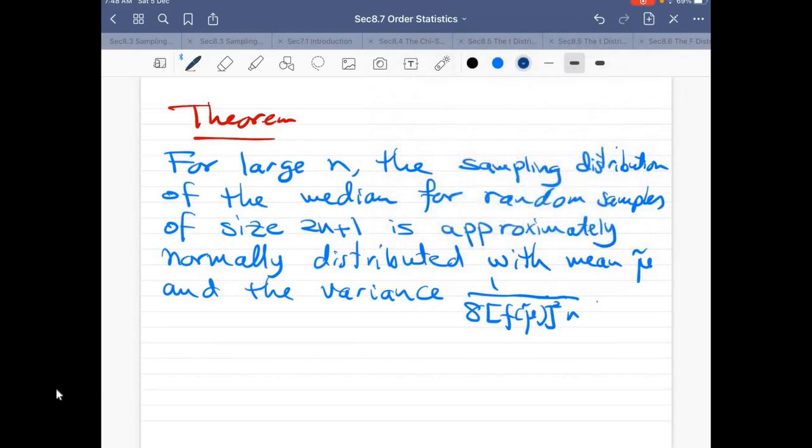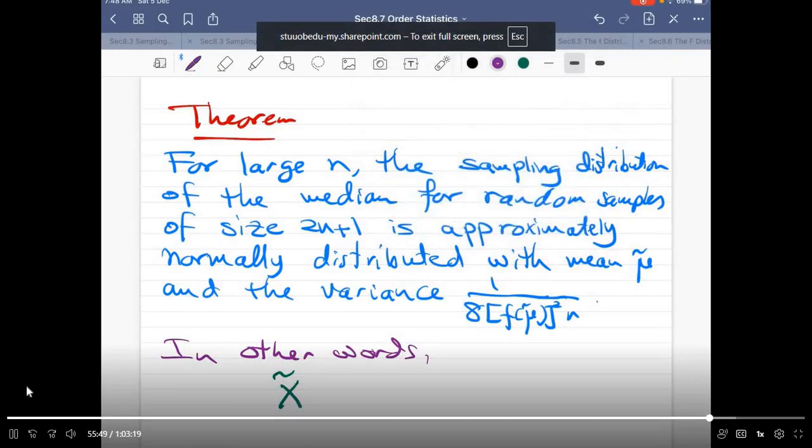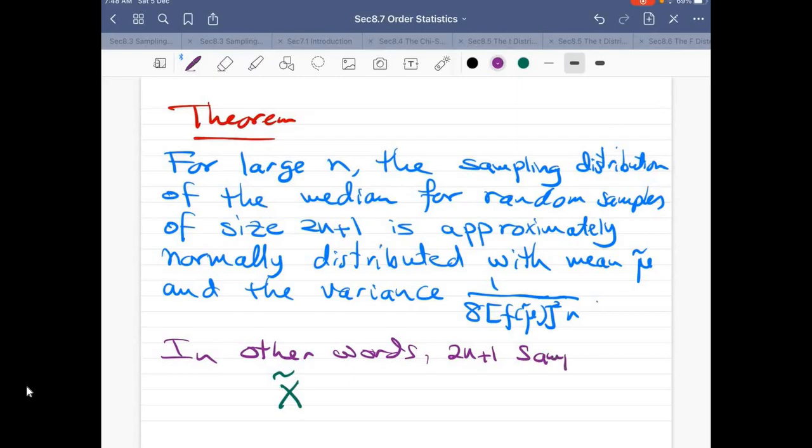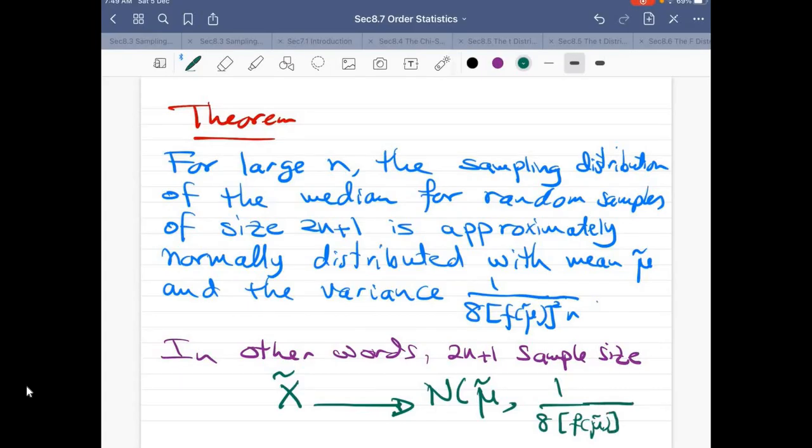What this theorem says, in simple words, is that the sampling distribution of the median, in case you have sample size 2n plus 1, will converge to a normal distribution with mean mu delta and variance 1 over 8 into f at mu delta squared into n.